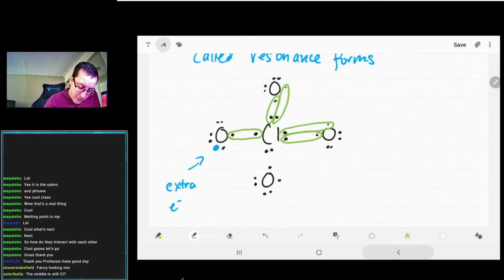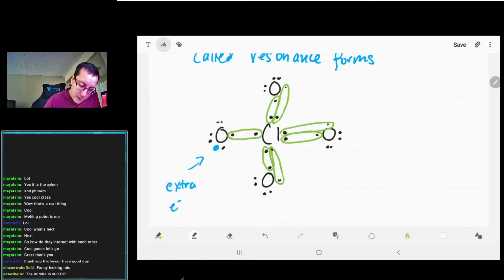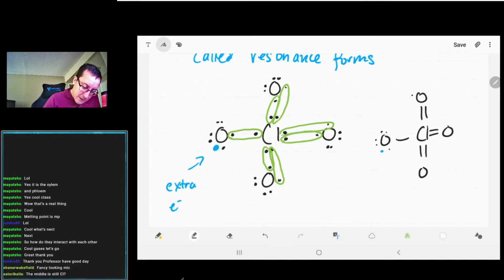Lo and behold, I'm just going to do this so nice and neatly for you guys. Hey, look. What did we end up with? Right off the bat. Okay, it's chlorine. Thank you. I will remember that. Remember, we have our blue electron. That was the extra one that we got in there. And the others just kind of stay where they were.